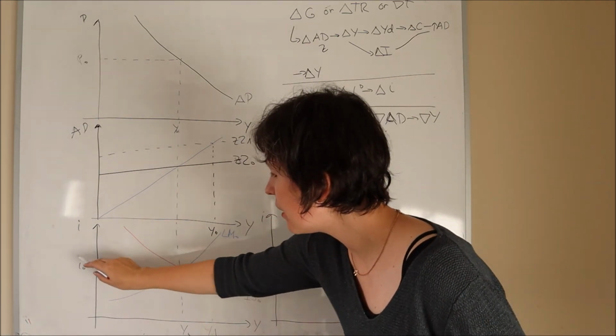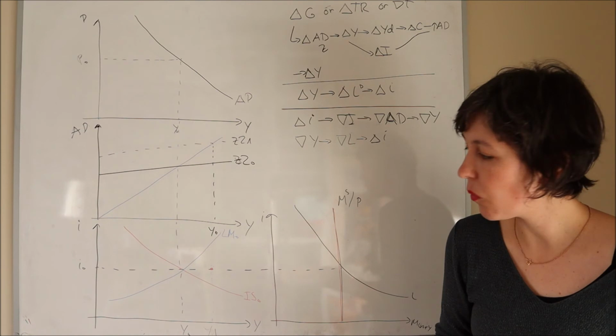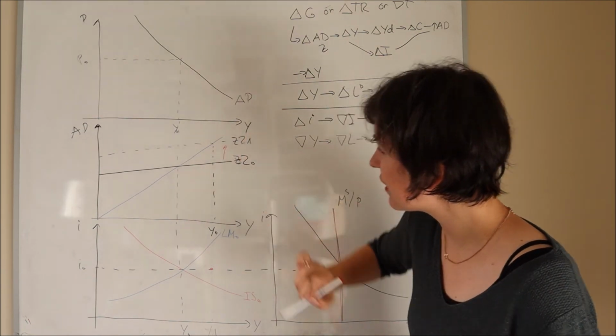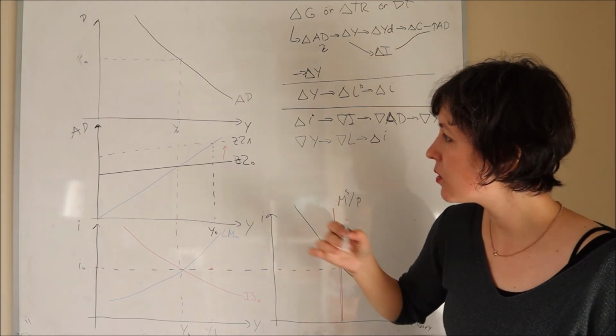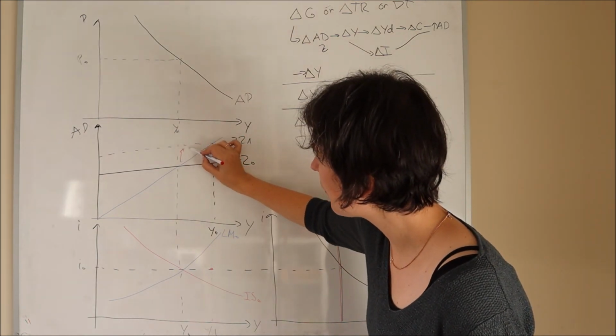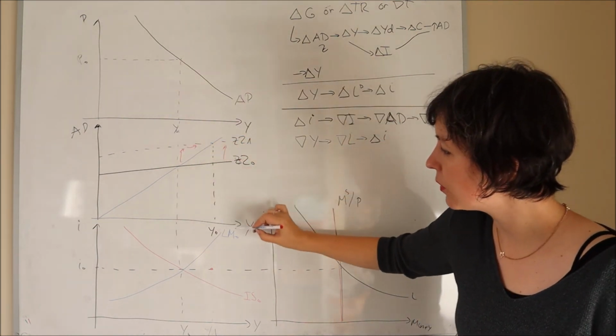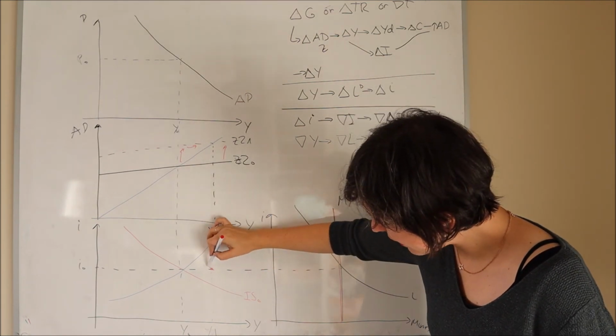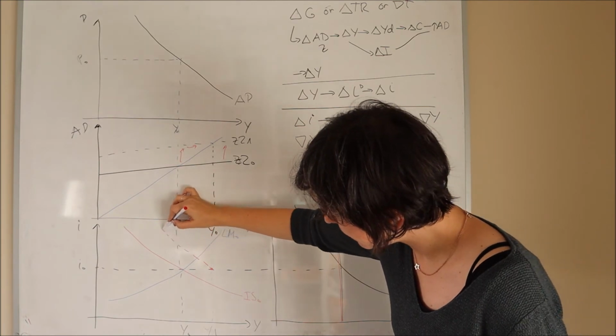Given this initial interest rate, I know that the public spending generated higher aggregate demand, so higher output and so on. The final one is going to be here. So my new IS curve is going to be here.